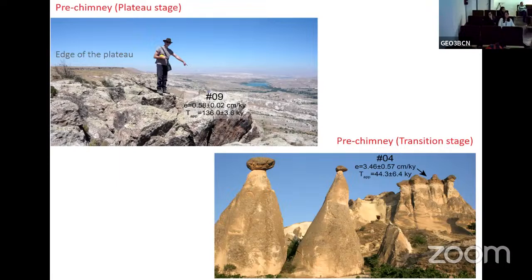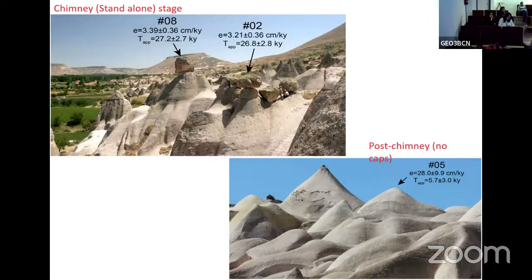And here, for example, it is 3.5 centimeter per 1,000 years. Once you start the pre-chimney transition stage from the plateau, which is 0.5 to 3.5, it's almost 6-7 times faster. When you pass to this chimney stage, it's around 3.5 again.